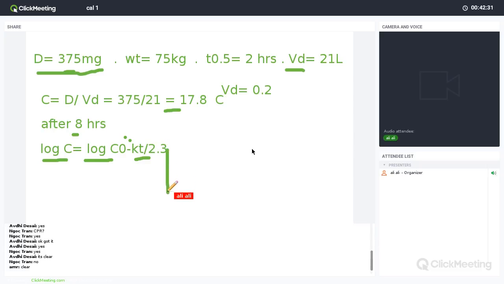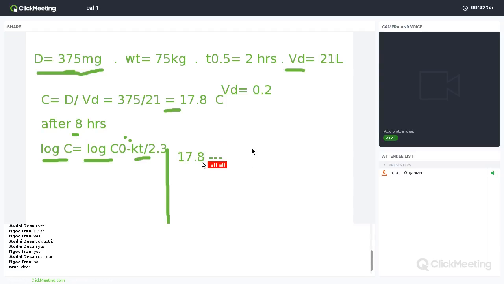Or the simple one, which I will show you now. The initial concentration of the medication in the blood is 17.8.